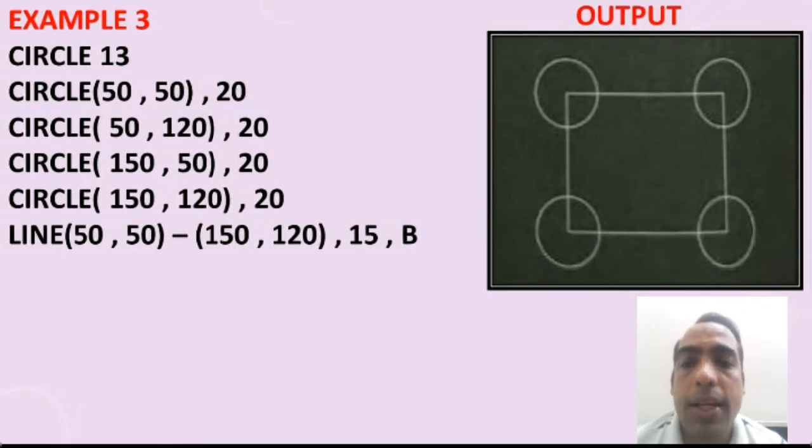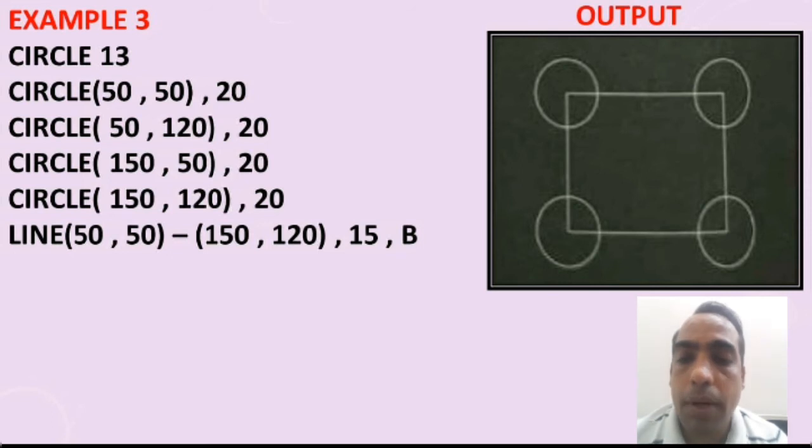Now you can see the third example of the circle statement. Screen 13, circle 50, 50, 20. Circle 50, 120, 20. Third statement, circle 150, 50, 20. Now the fourth circle statement is circle 150, 120, 20.